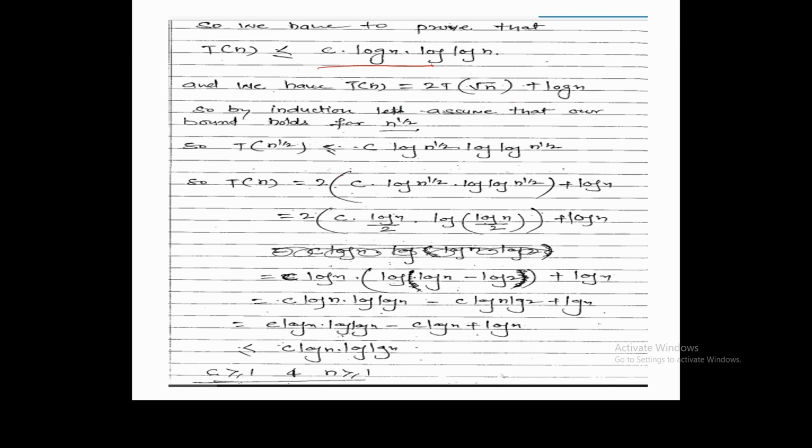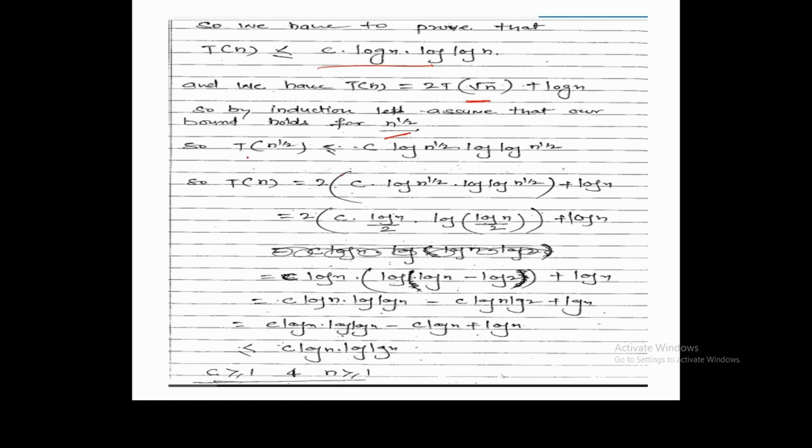We need to prove it on smaller values of n, and we can take the smaller value from the recurrence itself, which is n raised to power half. So by induction, let's assume that our bound holds for n raised to power half.